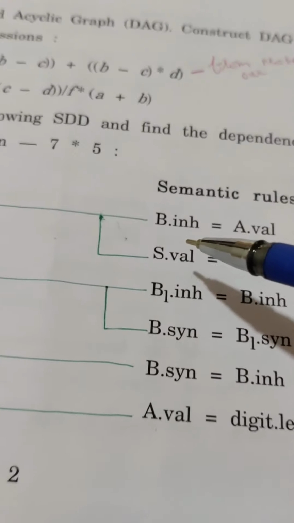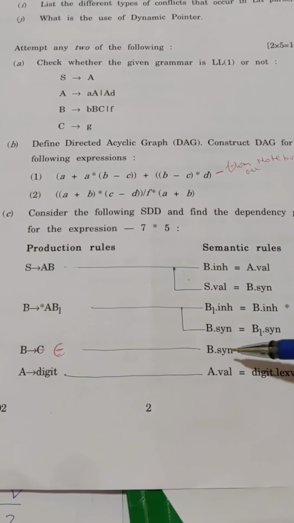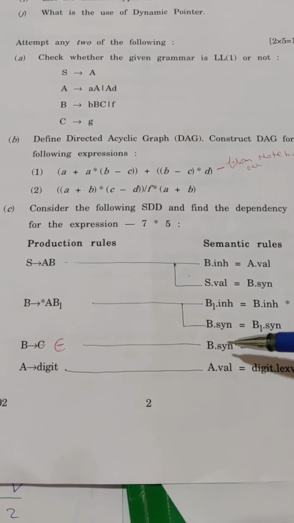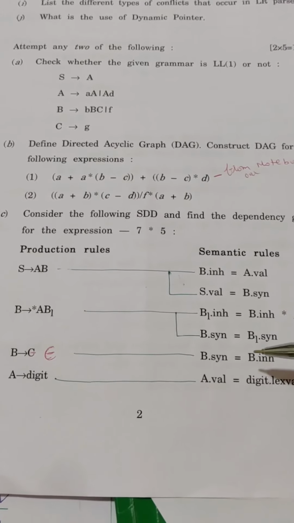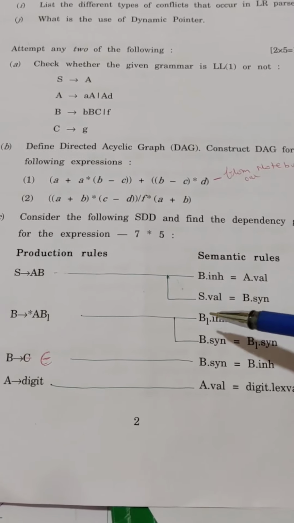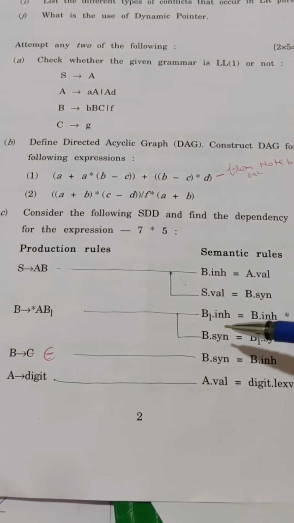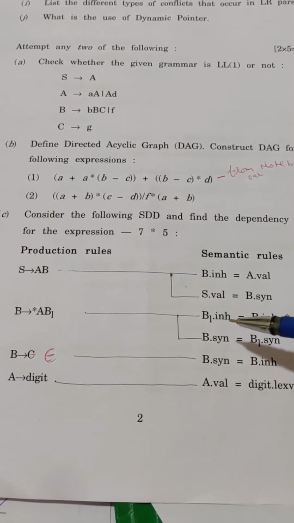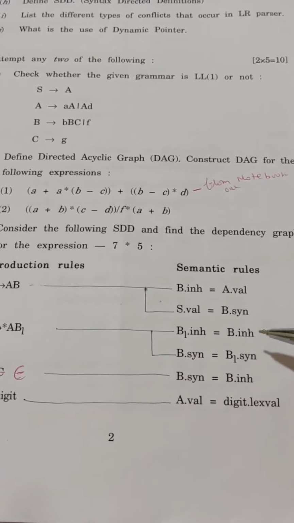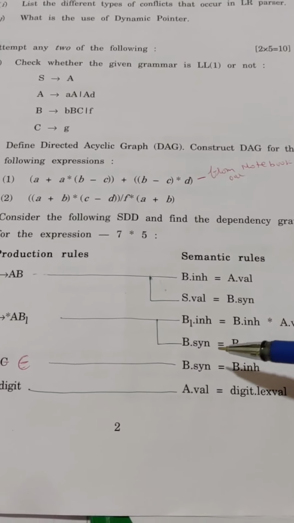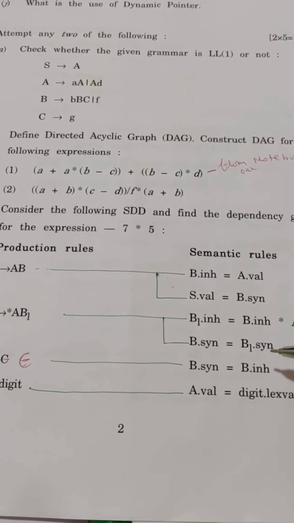B has a synthesized attribute syn, which gets its value from B dot inh. B has two attributes, inh and syn. The inherited attribute inh inherits values from its parent and its sibling A, whereas the synthesized attribute of B is obtained from its child node B1.